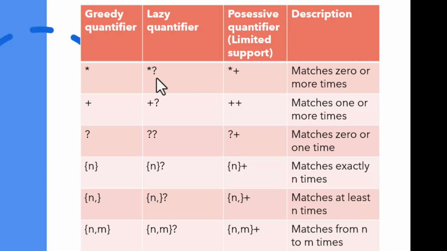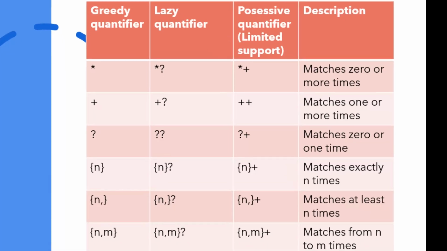But a*? wouldn't match a single a in aaaaa, because a* means 0 or more matches, so it would settle at 0 matches. Same goes for a? versus a??, where the former would match the first a of, let's say, aaaaa, but the second would fall back to 0 match allowance, just like a*?.